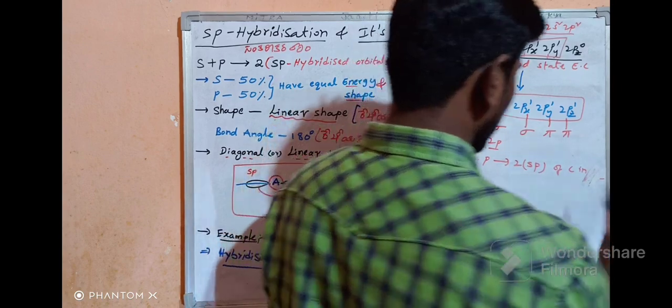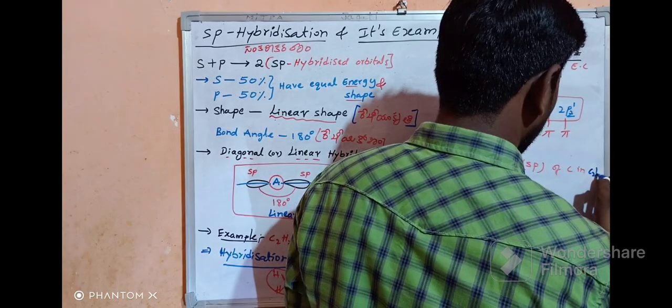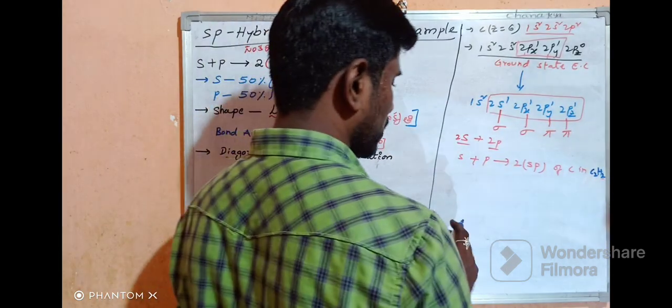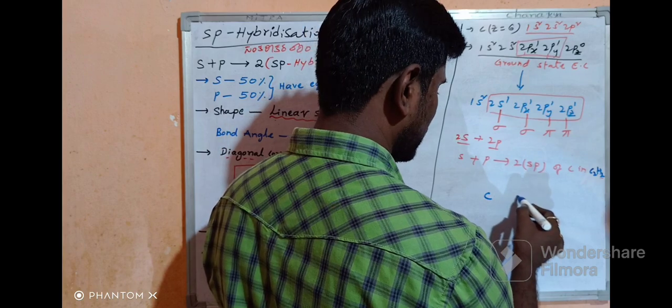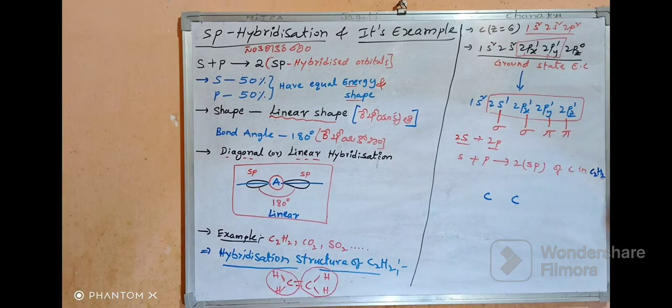Carbon in C2H2. Here one carbon is there, and here another carbon is there.